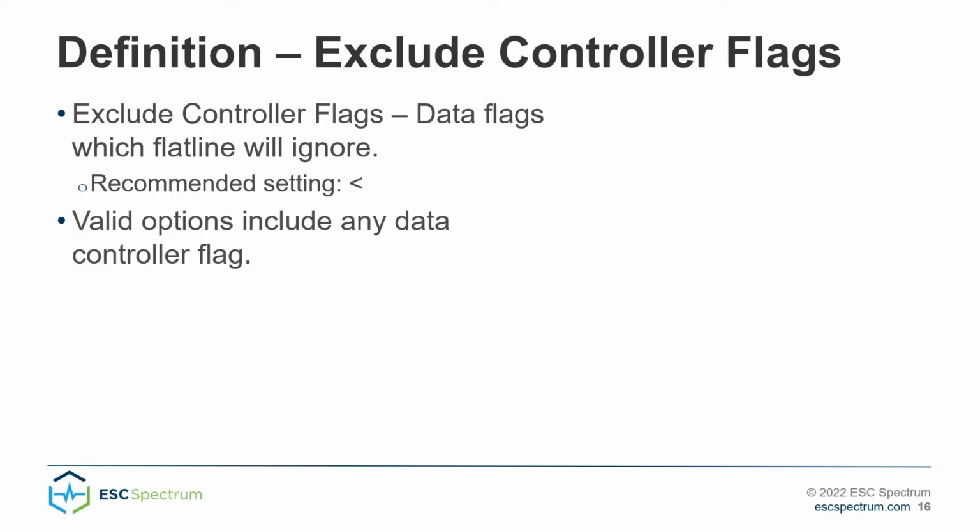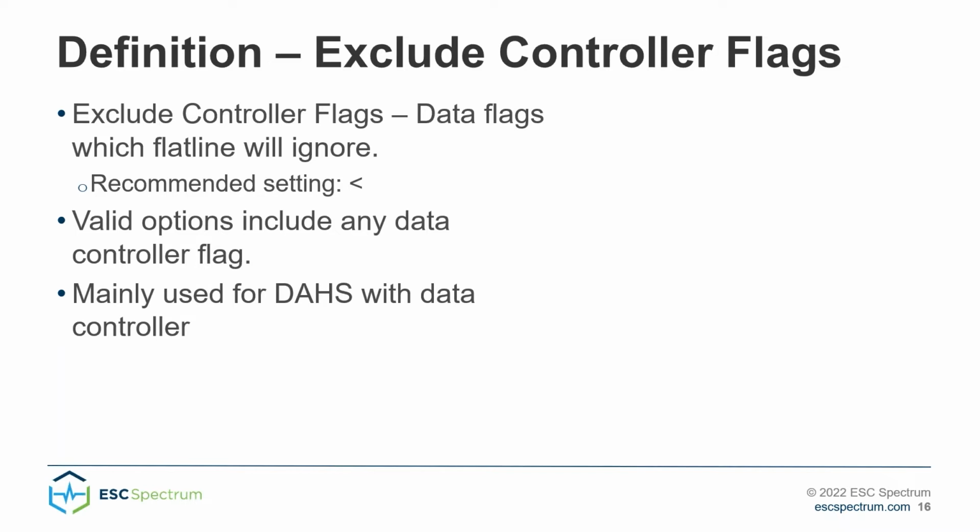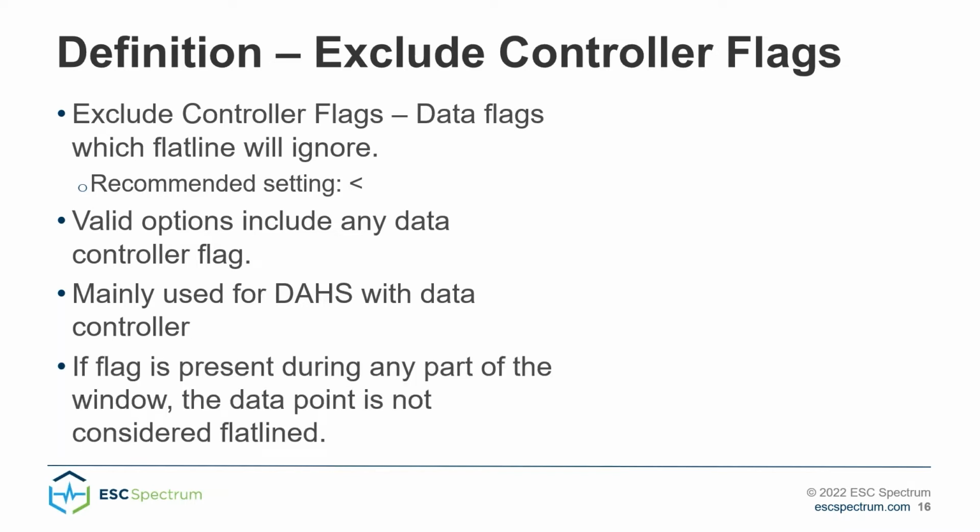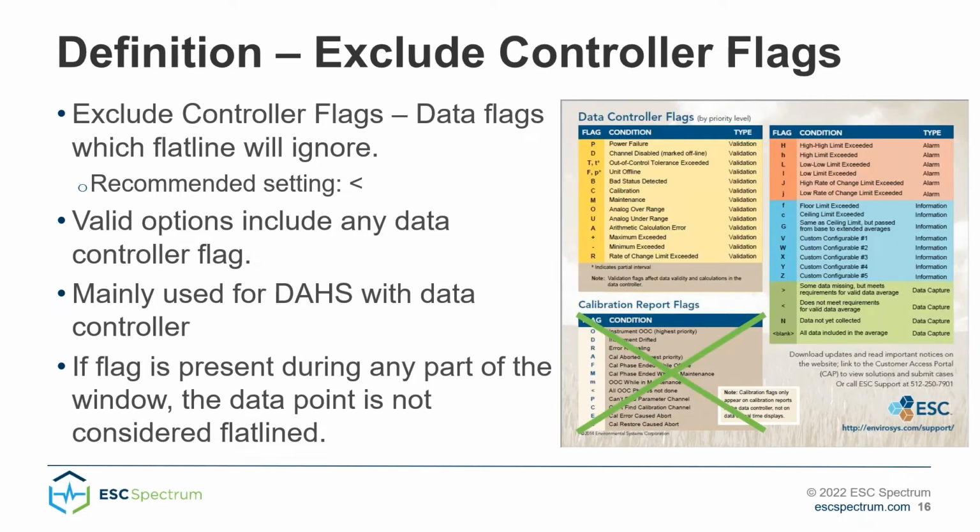So valid options for this setting include any data controller flag. And these are mainly used for a DAS system with a data controller. And if the data controller flag is present during any part of the window, much like with the central flags, the data point is not considered flatlined.